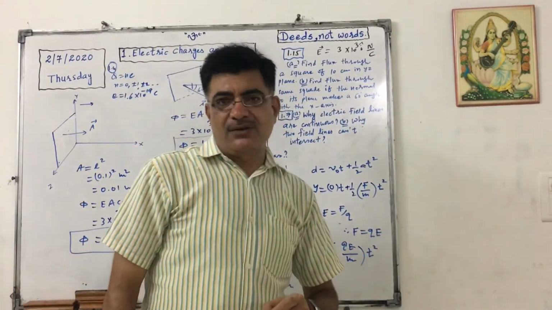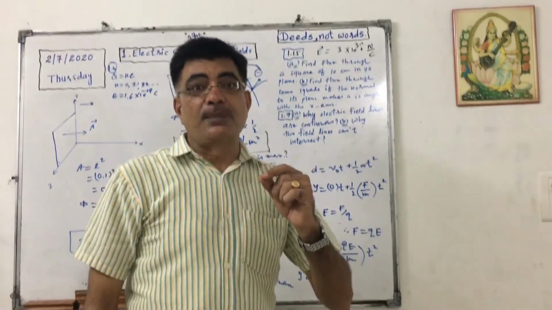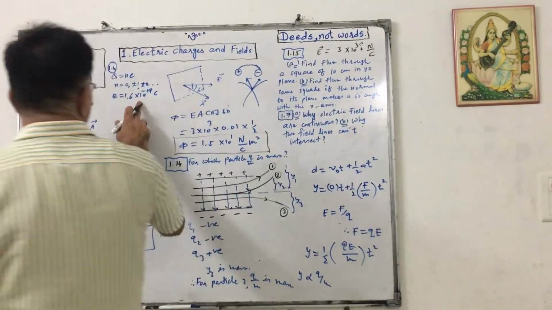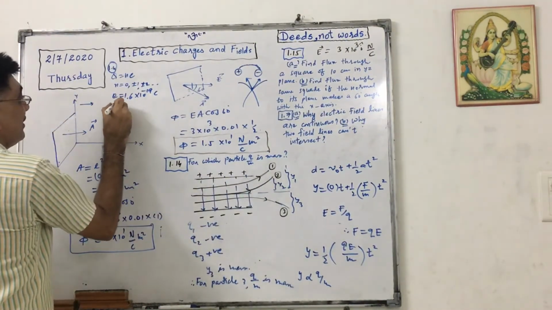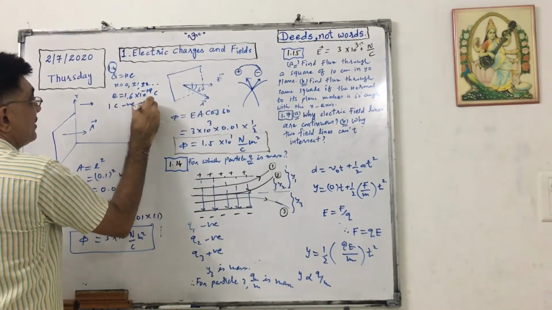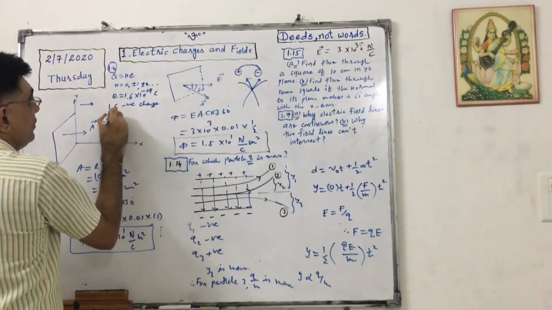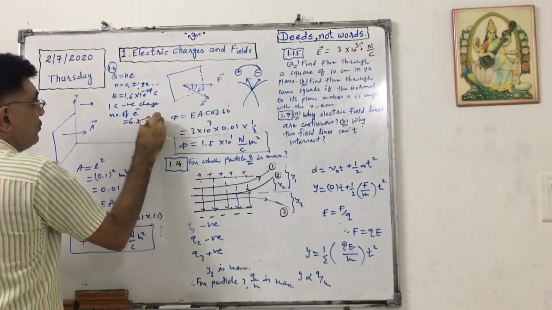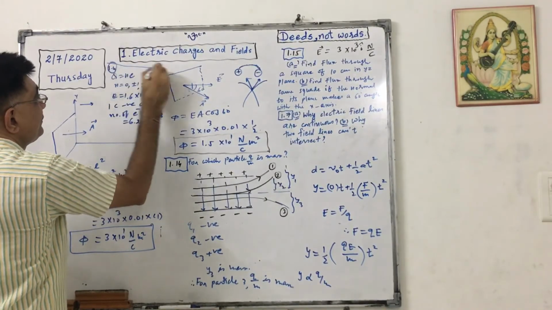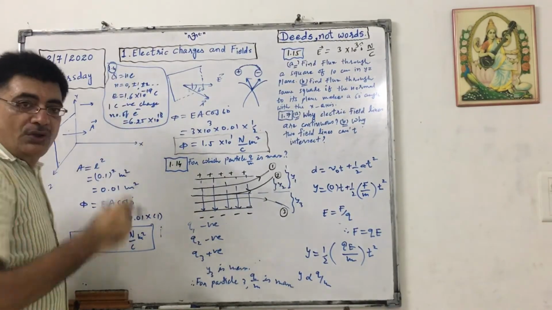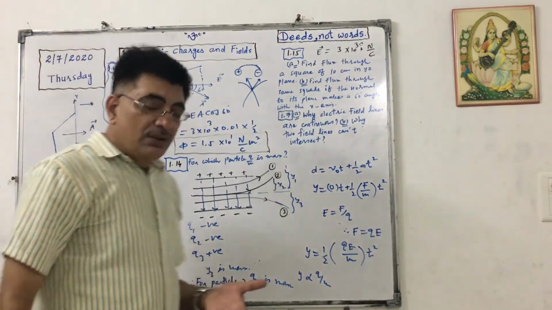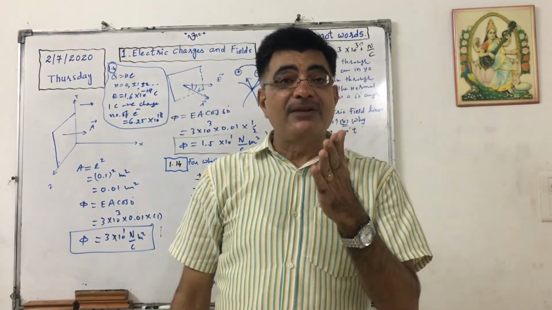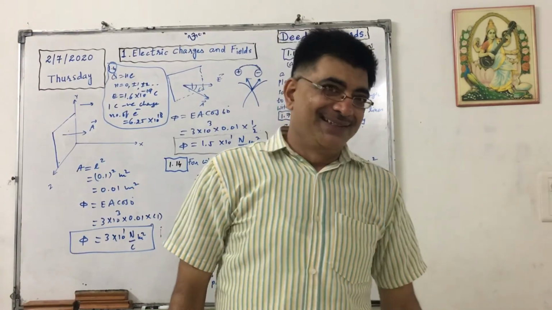We can neglect quantization in macroscopic descriptions. Why? Because this is a very small charge. For 1 coulomb of negative charge, we need 6.25 into 10 raised to 18 electrons.